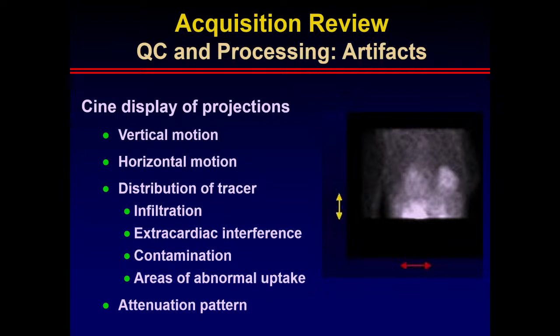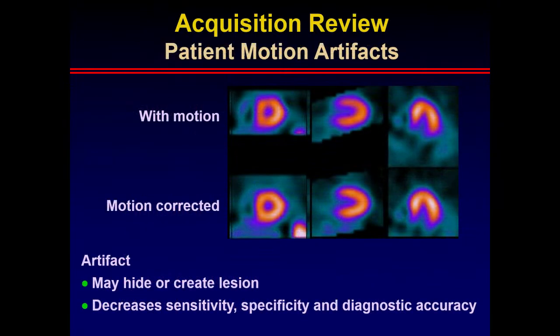Is there extracardiac involvement or interference from gut, which is a common problem with technetium because of excretion of technetium in the liver? Contamination from other areas or areas of abnormal uptake, like you would see with masses or anything else in the body, or attenuation artifacts.